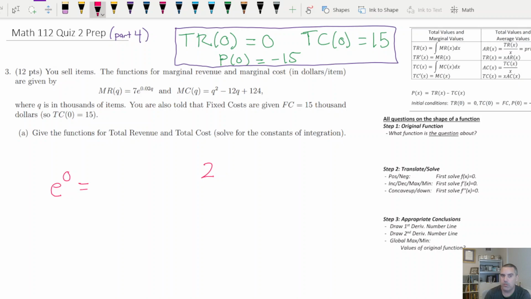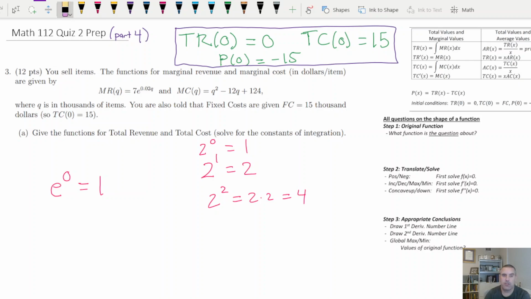It appears there are some issues with understanding exponents. When I write 2 to the 1, it means 2 to the first power, 2 times itself. When I write 2 squared, it means 2 times 2, which is 4. 2 to the 0, we could have a long discussion about, but you've definitely encountered this before: it's 1. There's nothing special about 2; I was just giving an example. E to the 0 is 1.